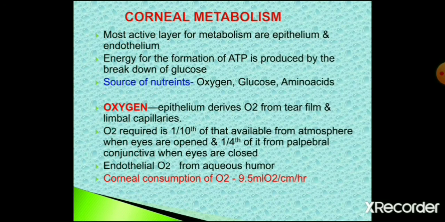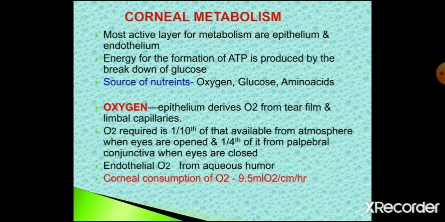So oxygen is obtained to the epithelium from the tear film and also limbal capillaries. Oxygen required is 1/10 of that available from the atmospheric air when eyes are open, and 1/4 of it from the palpebral conjunctiva when the eyes are closed. So oxygen is obtained like that.